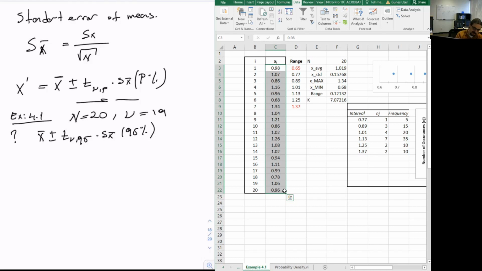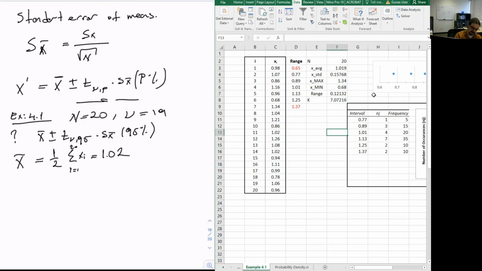Our x bar is the average of all these samples. I've taken the average using Excel, and you can do it this way too, 1 over n, sum of i equals 1 to 20 of xi, and that's going to be 1.02.